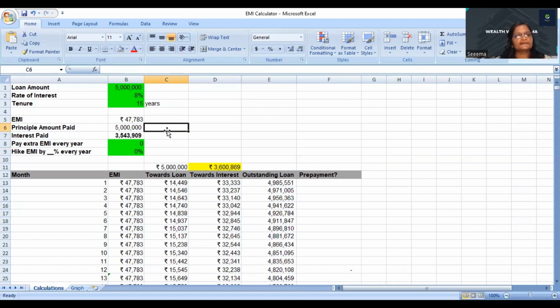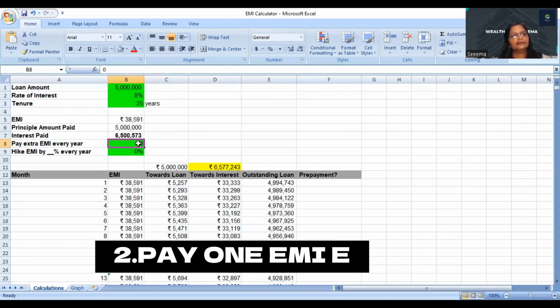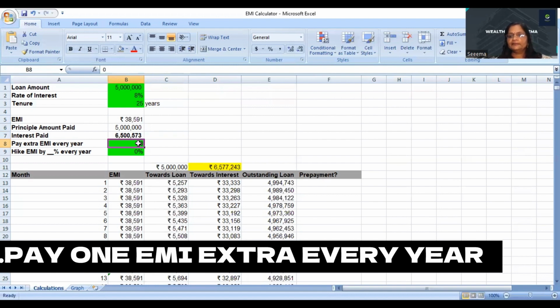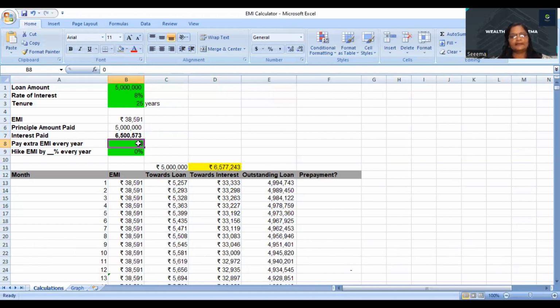The next option is, let us assume our tenure is back to 25 years and we are still working on 38,500 as our EMI. I'll suggest that, if it is possible, you pay one EMI extra every year. That is, at the end of 12 months, instead of paying 12 EMIs, you should be able to pay 13 EMIs.